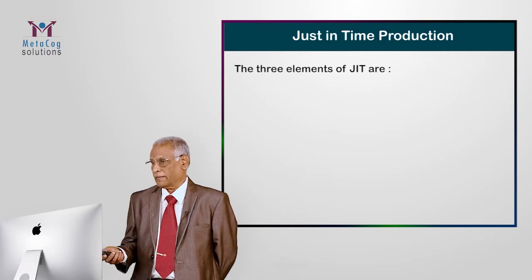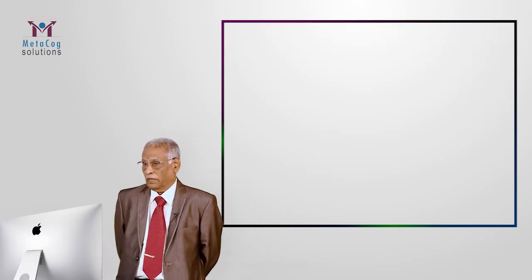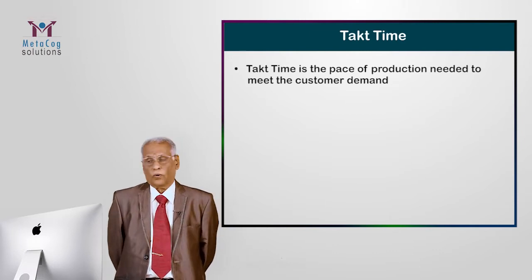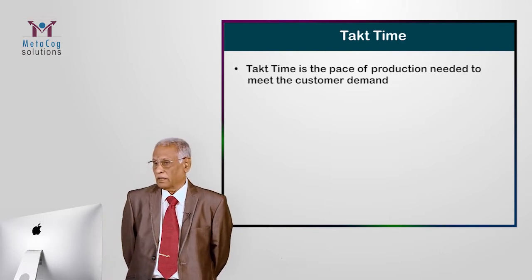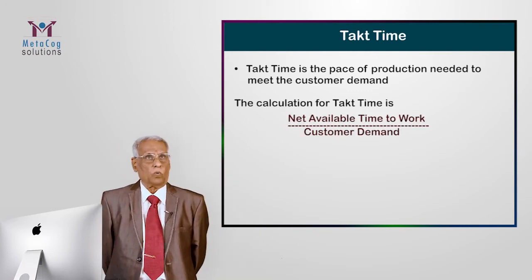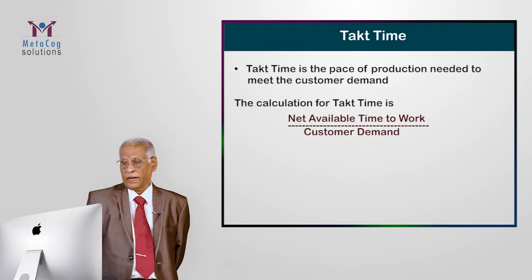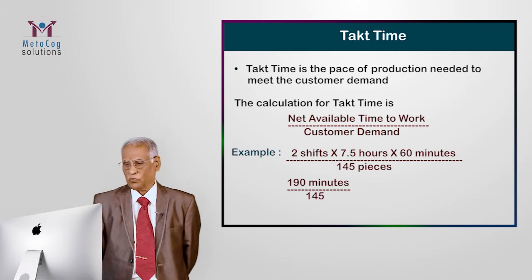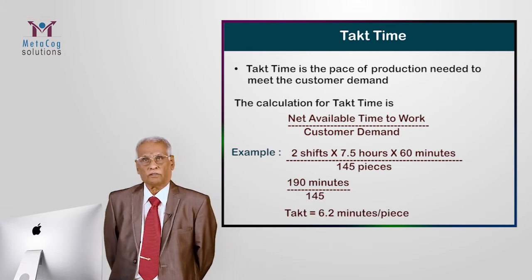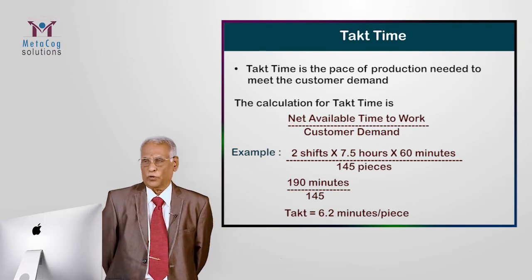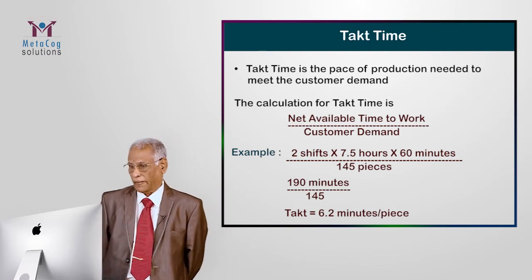What do you mean by takt time? Takt time is the pace of production needed to meet the customer demand. The calculation of takt time is net available time to work divided by the customer demand. For example, suppose a factory is working 2 shifts of 7.5 hours of 60 minutes and it needs to produce 145 pieces.